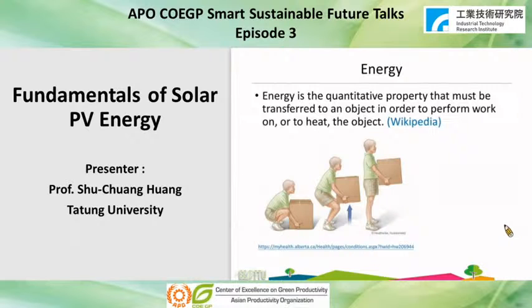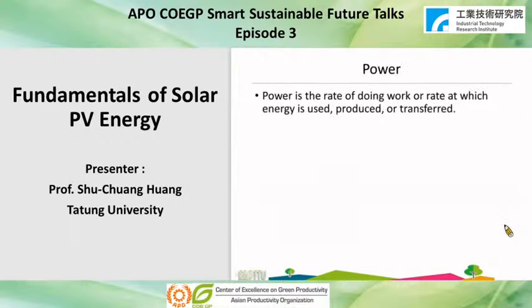So if you want to lift the box, you need to provide the energy. Lifting the box faster will change the amount of power, but not the amount of energy. So power is different from energy. Power is the rate of doing work, the rate at which energy is used, produced, or transferred.